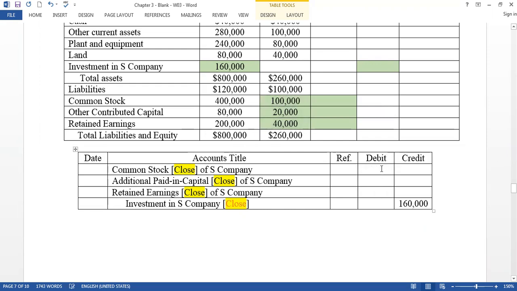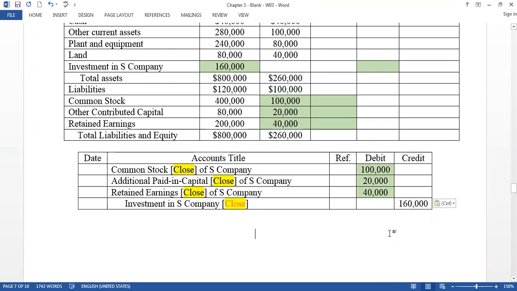And you know that normal balance of these three accounts is credit, to close, make it debit. So you can see we close common stock, we close additional paid-in capital of subsidiary, we close retained earnings. Why we close these three? Because we will keep their asset, we will keep their liability, right? Can you remember?